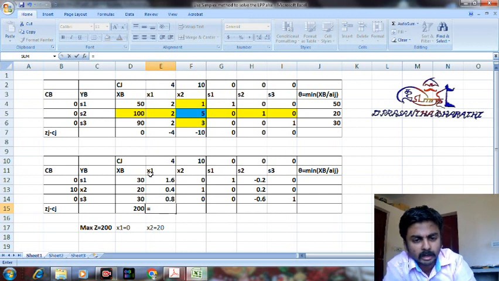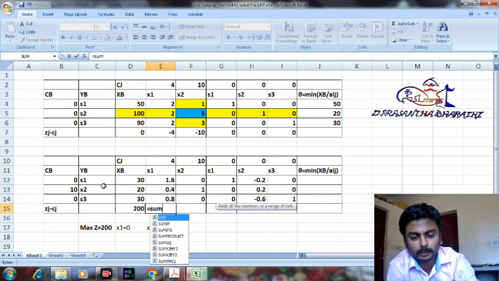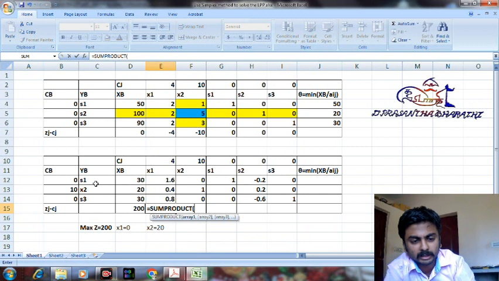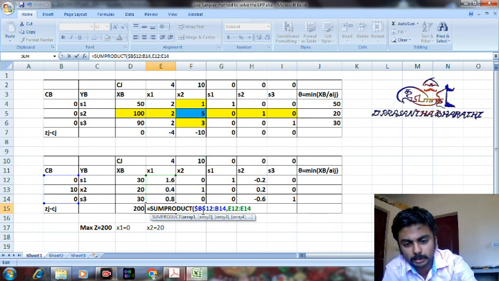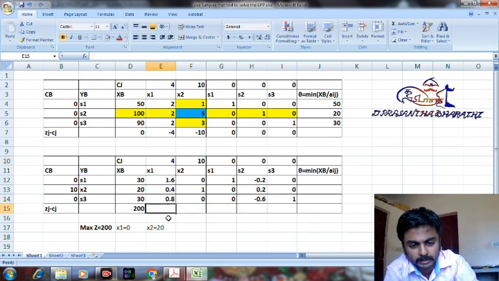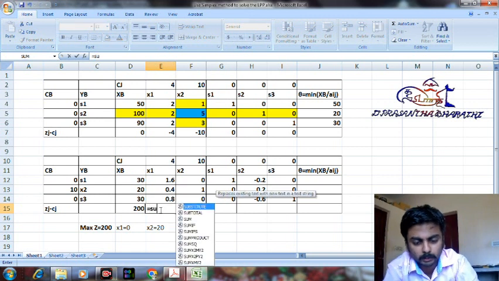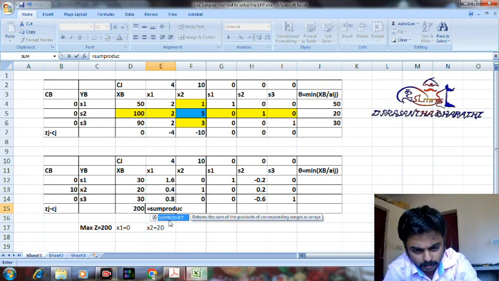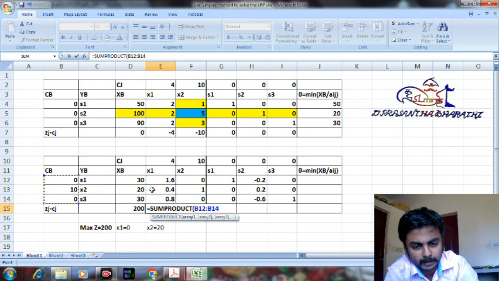So we use equal to sum product of CB, comma, Aij, minus the Cj value. The CB value should be locked by putting a dollar symbol on both sides of B, so that it will be used throughout the rows.